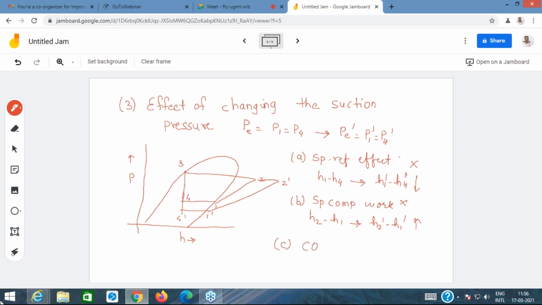The coefficient of performance is the ratio of specific refrigerating effect, the numerator, which is decreasing, and the specific compressor work, the denominator, which is increasing. This is going to adversely affect the coefficient of performance. The coefficient of performance is going to decrease because of lowering of the suction pressure.